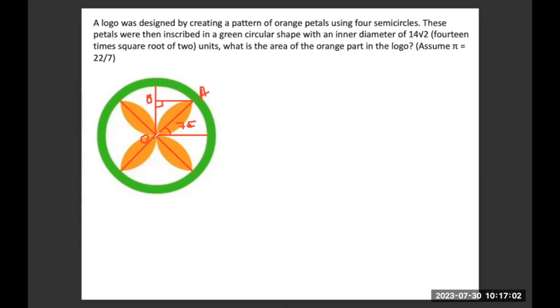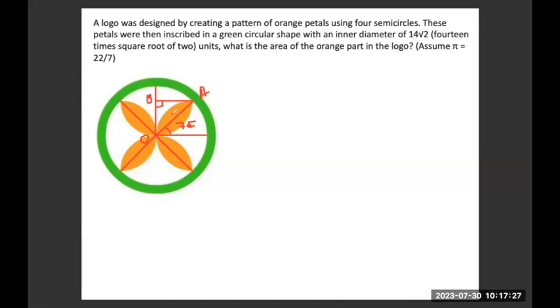What you have to do is, this arch which is formed, what is the area which is enclosed within the arch OAB, minus the area of the triangle OAB.